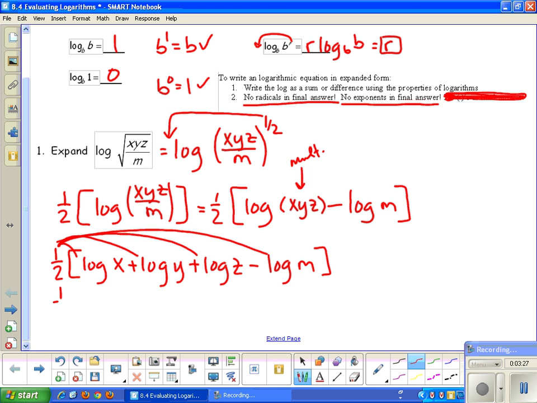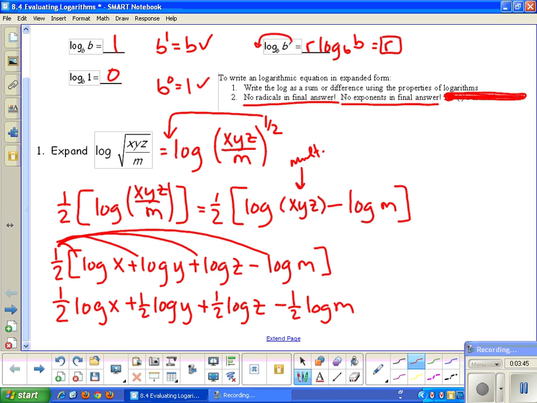So I get 1/2 the log of x plus 1/2 times the log of y plus 1/2 the log of z minus 1/2 the log of m. Now I don't have any radicals in my final answer, nor do I have any exponents, and all my multiplication and division is gone, so I can circle this as my final answer.